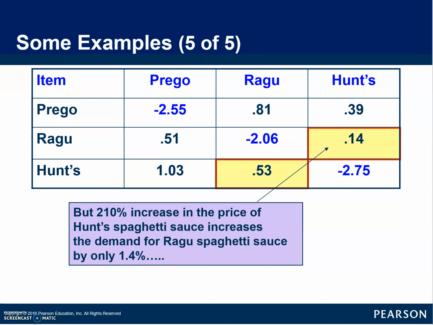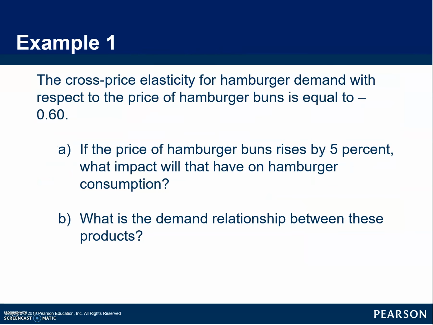cross-price elasticities. One example that we're going to take a look at is cross-price elasticity for hamburger with respect to the price of hamburger buns. And we can see that that is a negative number, and it's 0.60. So the price of hamburger buns goes up by 5%.